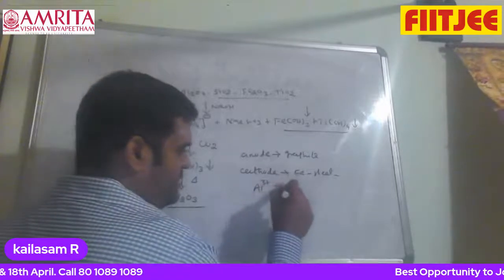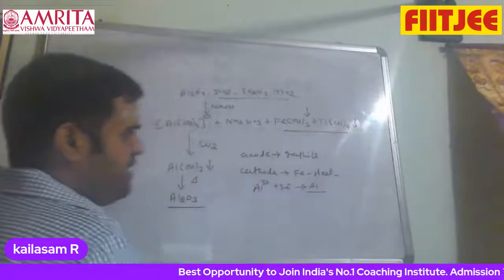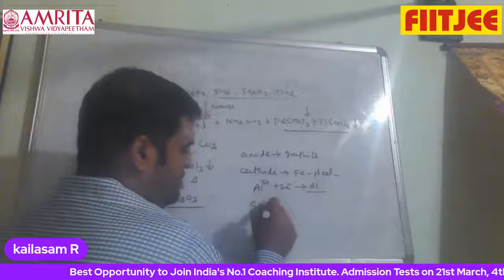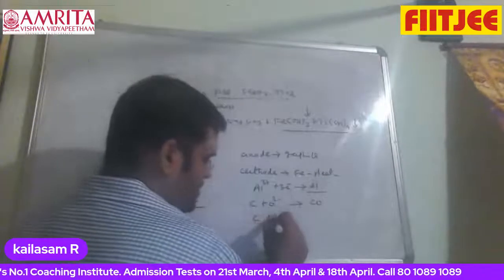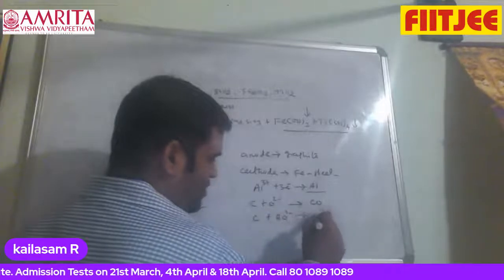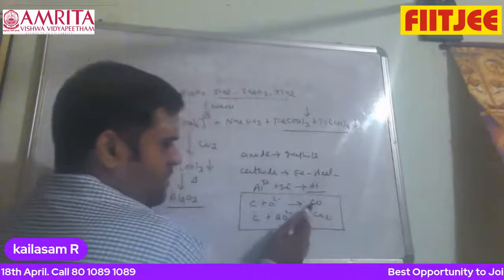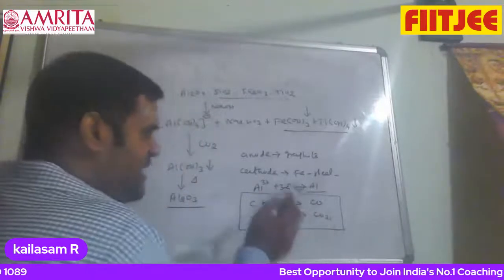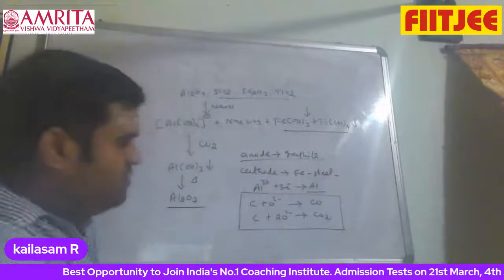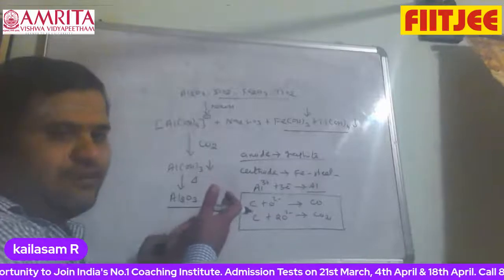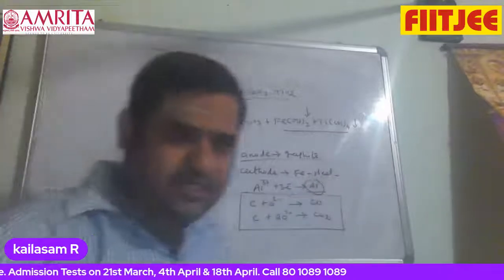Al3+ plus 3 electrons gives Al, deposited at the cathode, and at the anode, C plus O2- gives CO, that is, C plus 2O2- gives CO2. So carbon monoxide and carbon dioxide are liberated at the anode. This is the electrolytic process of aluminum, called Hall's process.